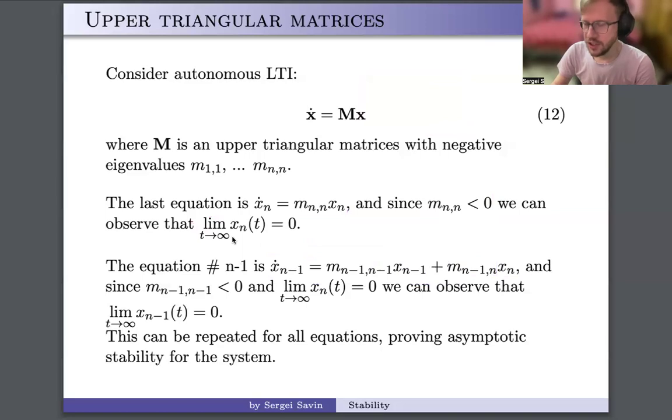Okay. If this is clear, great. If not clear, you can meditate over it after the class. It is nice, I think, to think about. It gives you an intuition on how to think about stability. So thus, we can see one more time that for this equation, negative eigenvalues imply asymptotic stability.